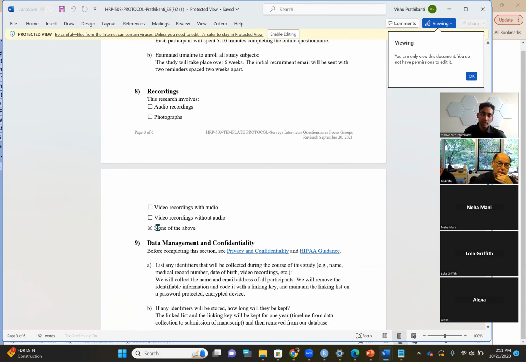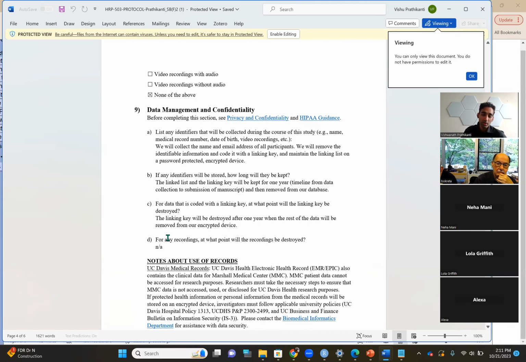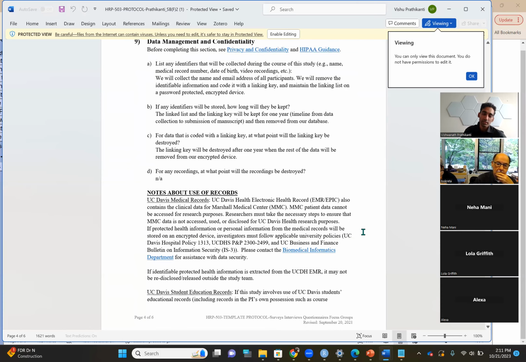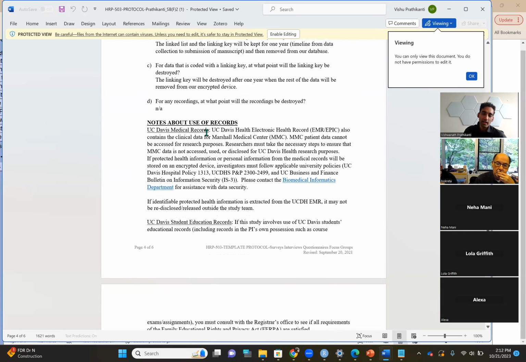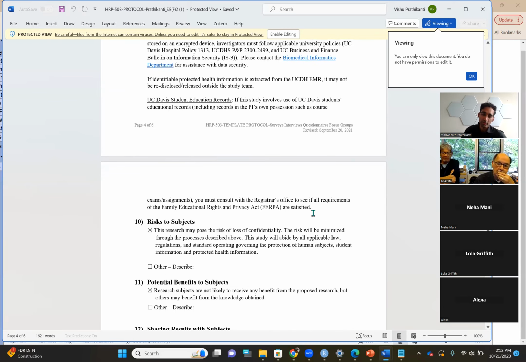So, like, none of the above, there are no recordings. And if there are recordings, like if you want to do an interview and record it, you'll explain when the recordings are going to be destroyed, stuff like that. And then this is just medical information. At this point, the form is essentially over.